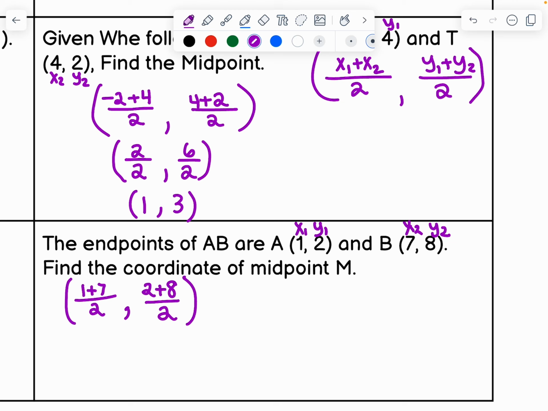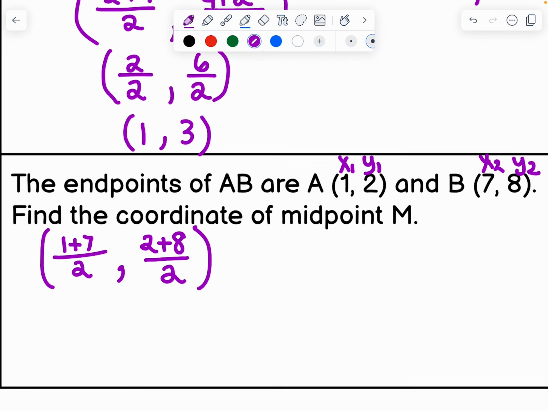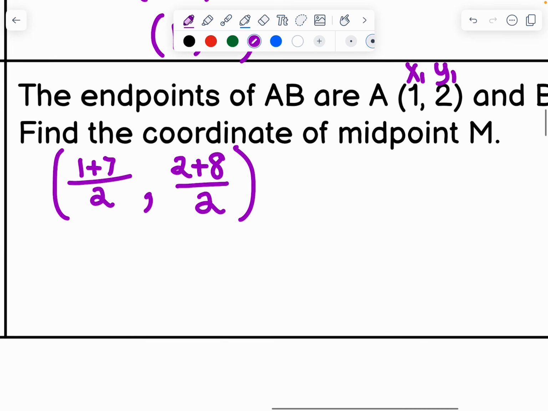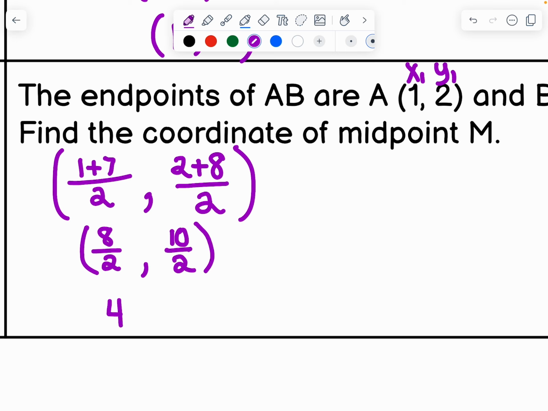And so we're going to calculate our numbers. And so 1 plus 7 is 8 over 2. And then we have 2 plus 8 is 10 over 2. Where is our midpoint? Our midpoint is at 4, 5.